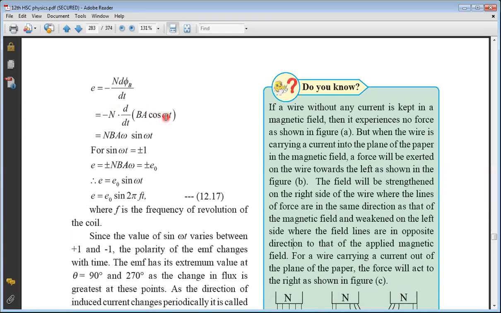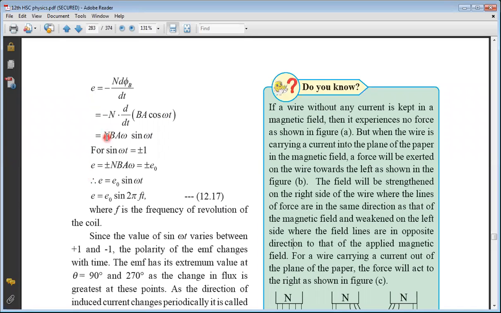The derivative of cos omega t is minus sin omega t into the derivative of omega t by chain rule, which is omega. So the derivative of cos omega t in short is minus sin omega t into omega. Minus of minus will get cancelled. So N A B omega sin omega t is the expression for the instantaneous EMF, the EMF produced at any instant.